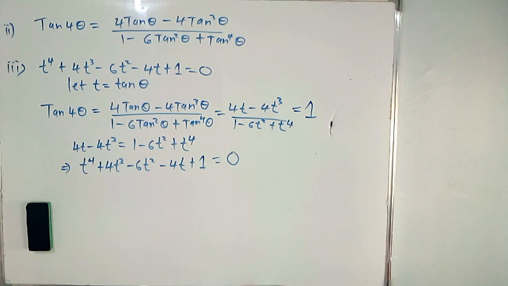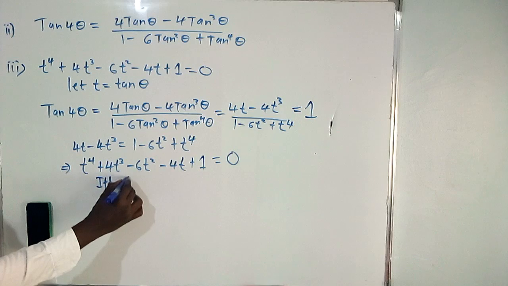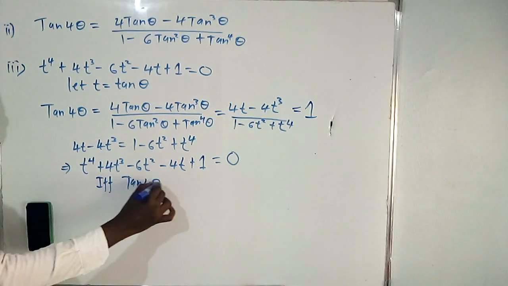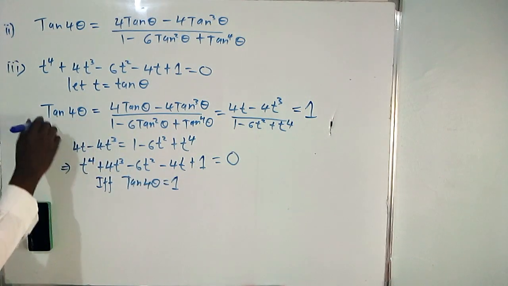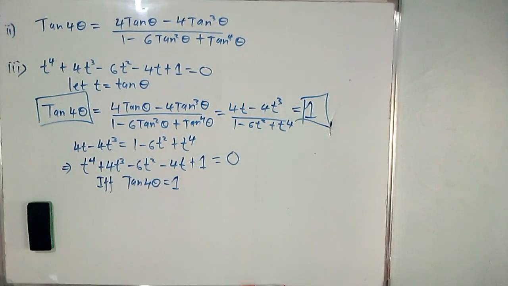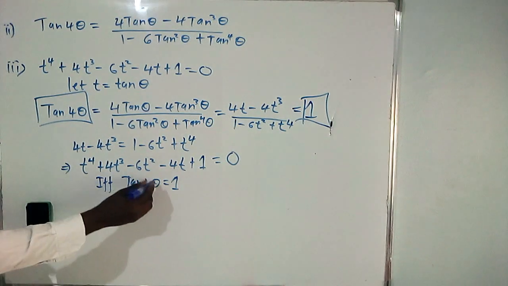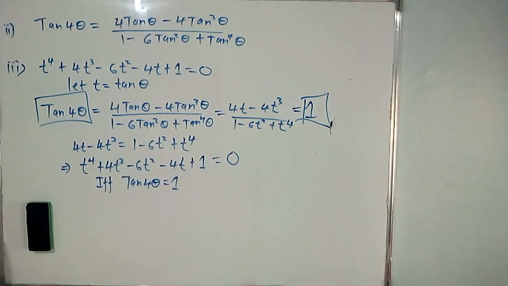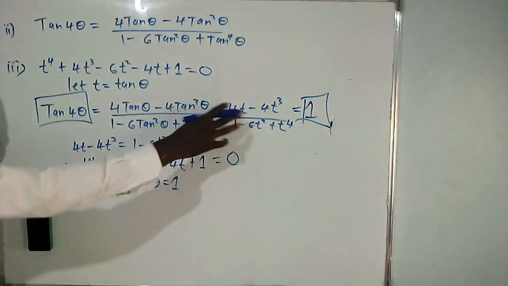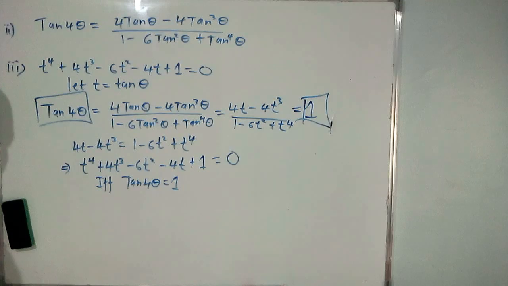Meaning this equation only exists if and only if tan 4θ is equals to 1, isn't it? Are you seeing that? So it means for us to solve this equation, tan 4θ is equals to 1.